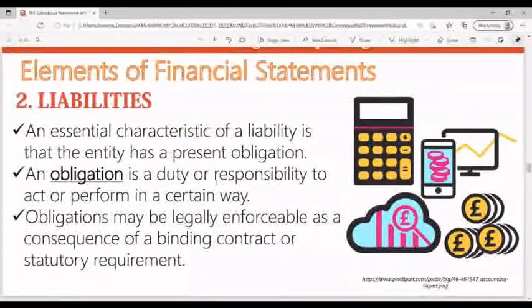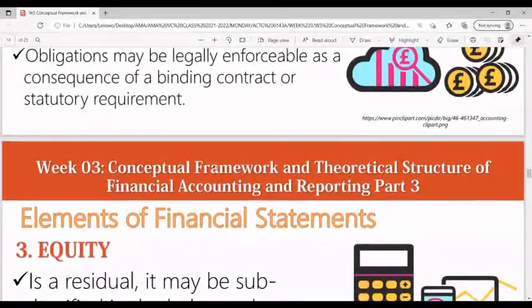While liabilities is an obligation, which is the accountability. Kumbaga bayarin ito, ang liabilities.